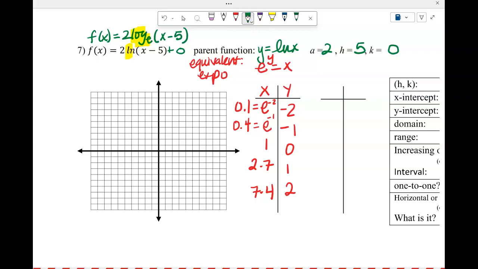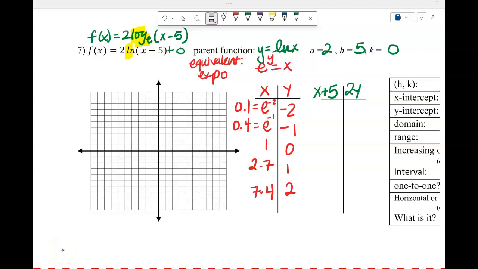Now with that already, your a is 2, so 2 times y, because it's vertically stretched. There's no k, so we don't need to add or subtract anything there, but we are going to take your h value of 5 and add it to x. Just like that, okay.